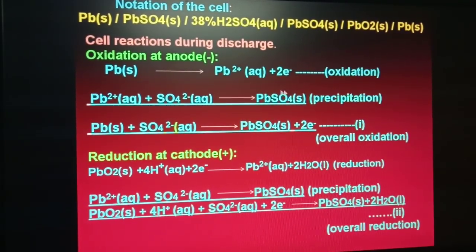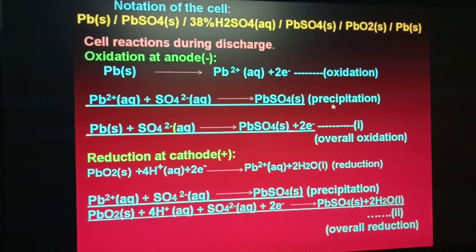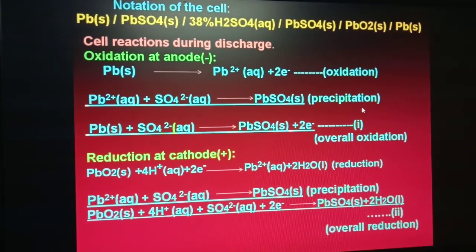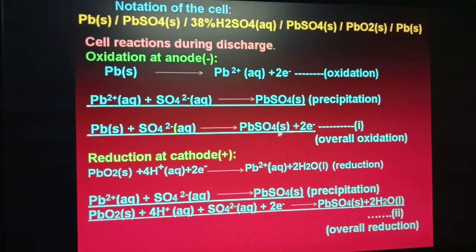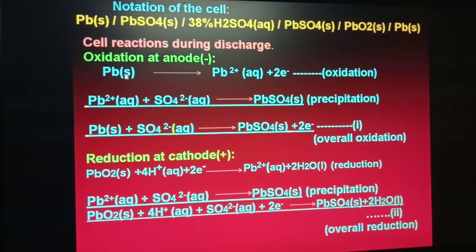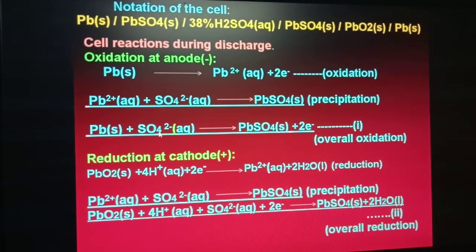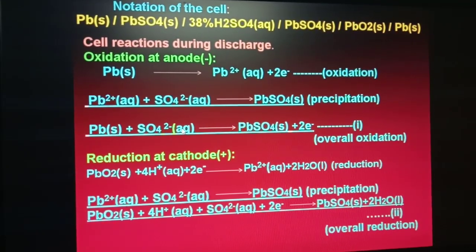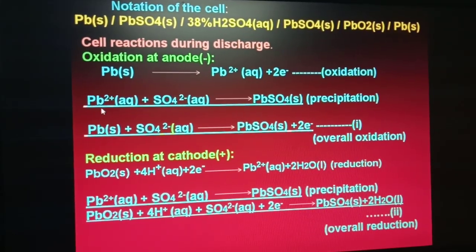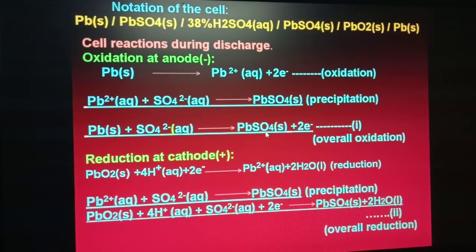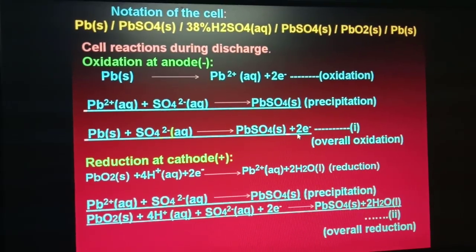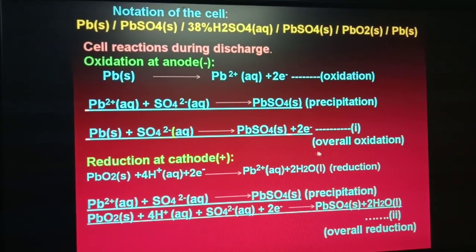This is an insoluble compound, so it is called a precipitation reaction. Now we find the overall oxidation reaction as Pb solid plus SO4 2- aqueous; the Pb2+ gets cancelled. So what remains? PbSO4 solid plus 2 electrons.